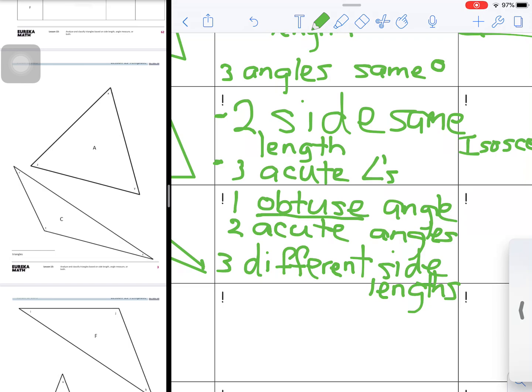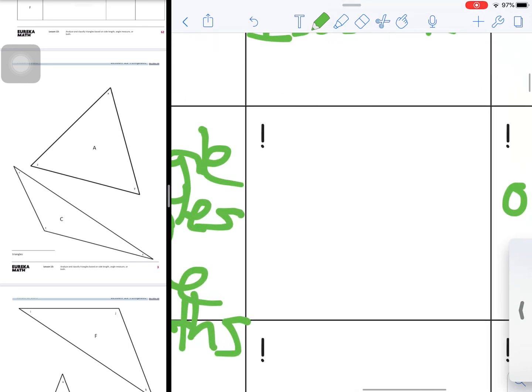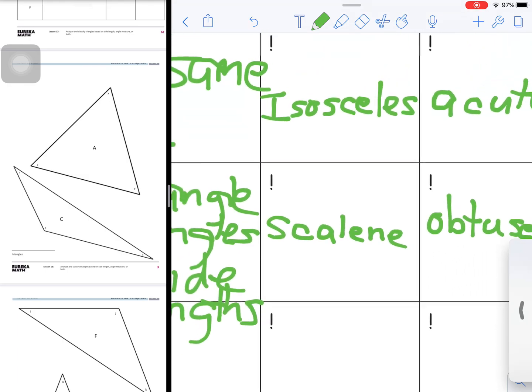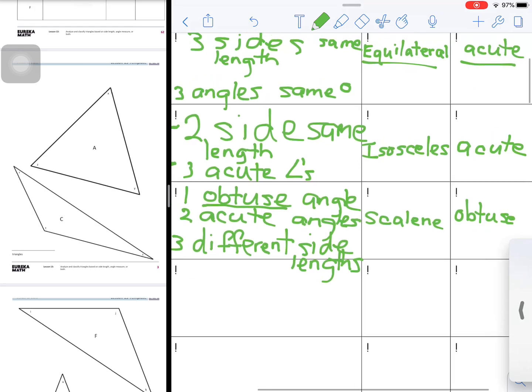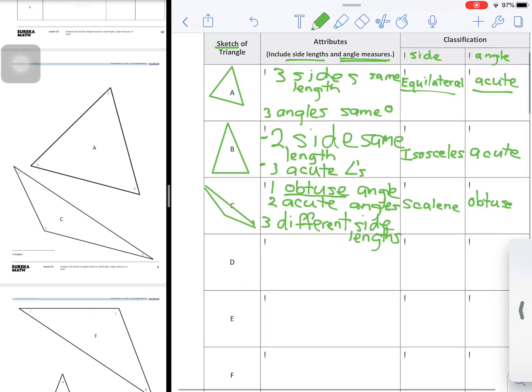Any triangle that has 3 different side lengths is called a scalene triangle. Scalene. A scalene triangle. So this one, triangle C, is an obtuse scalene triangle.